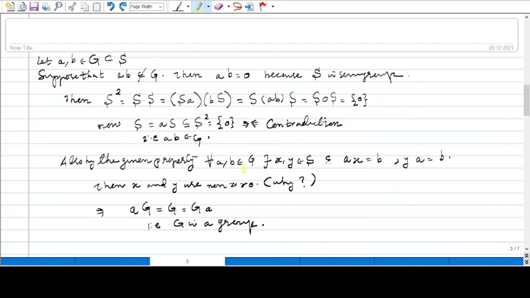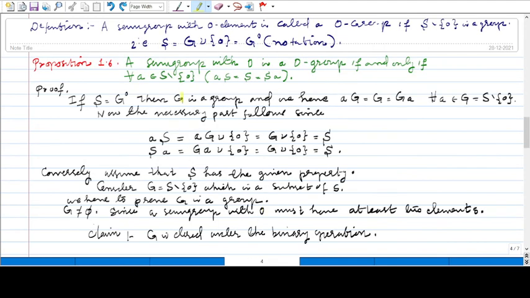So that is the idea. So we have proved the theorem. This is a very good theorem, which again I will tell you: if S is a semigroup with a 0, it's a 0 group if and only if for every element A belongs to S difference 0, we have the property AS equal to S equal to SA.